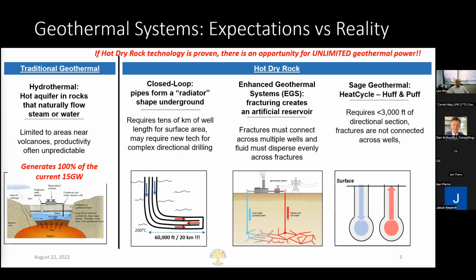It will heat up, and then you bring it to the surface and convert it to electricity. Or you can try to create an artificial downhole reservoir by drilling 2 wells and then fracking between them and circulating fluid through the open reservoir. Through the fractures, the fluid will heat up and come back to generate electricity. And then I'll explain later what the SAGE approach is and why it is different.